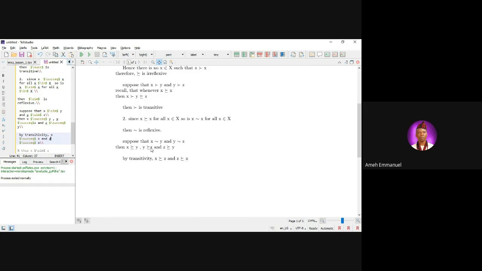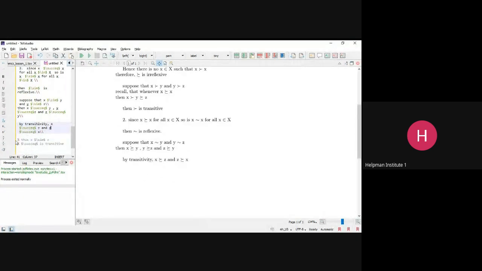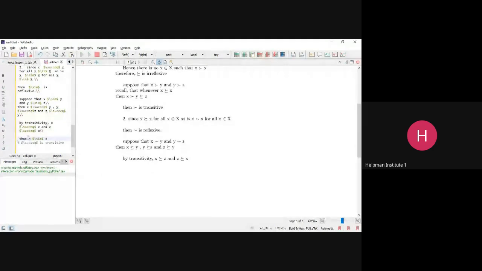Since I've reversed this one here, I can reverse this other one. So the transitivity has occurred. Then I can conclude that X is indifferent from Z, because I was able to reverse it here.